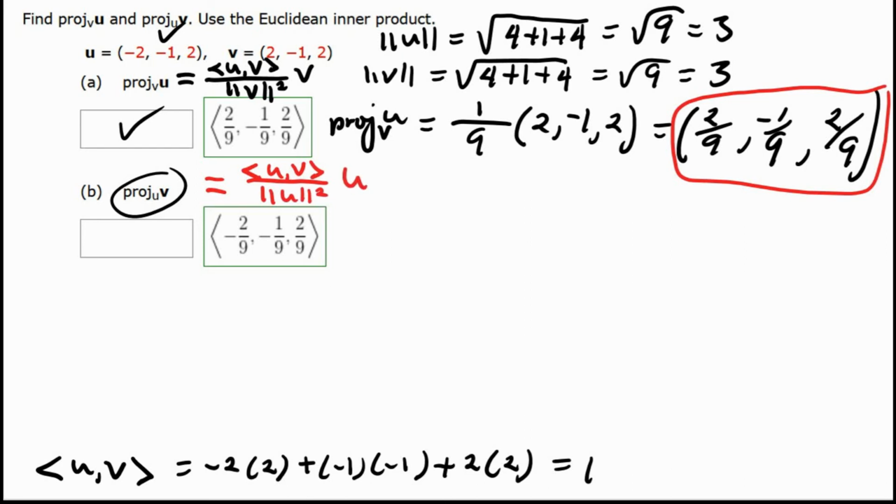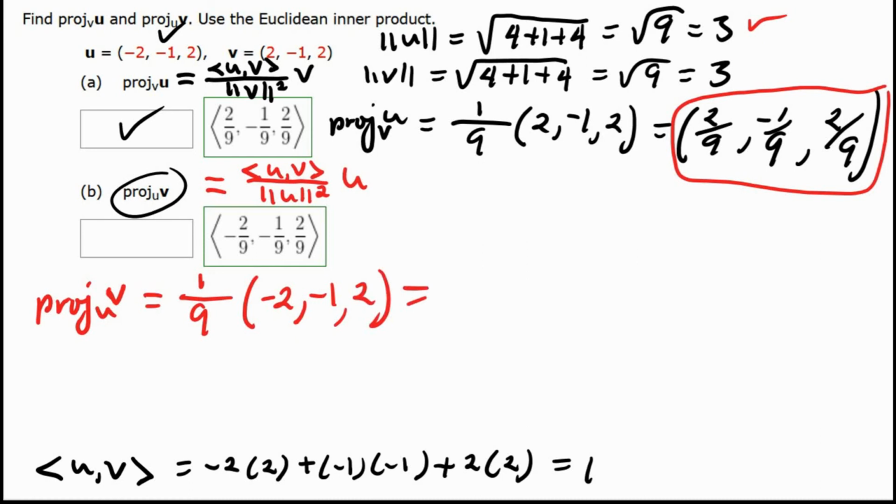The inner product is still the same, so that's 1 over the norm of u squared, which is 9, times u, and u is negative 2, negative 1, and 2.